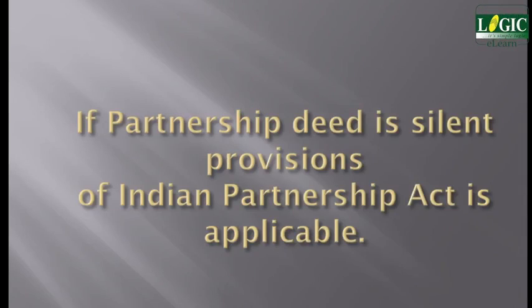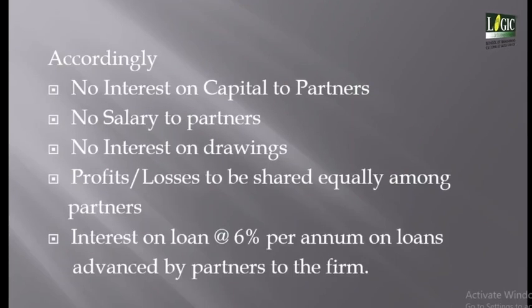Now, the next thing, slowly we are moving on to the problem area, the numerical side. Next thing you should know is if partnership deed is silent, in such cases, provisions of Indian Partnership Act are applicable. So what does this Indian Partnership Act say? No interest on capital is payable to partners, no salary to partners, no interest on drawings, profits or losses to be shared equally among partners, and interest on loan.